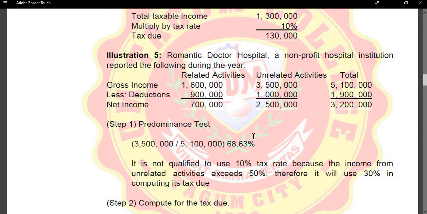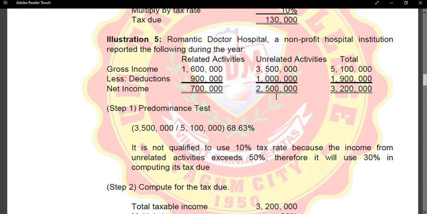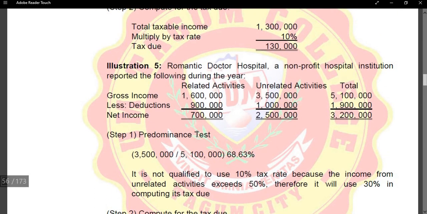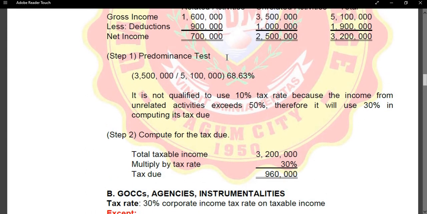Therefore, it does not qualify for the 10% reduced income tax. And therefore, it will be taxed at the 30% regular corporate income tax. So to compute the tax due of Romantic Doctor Hospital, that's taxable income of 3,200,000 times the 30%, because again, it did not qualify: the ratio of its unrelated activities to the gross income is 68.63%, which is higher than the 50% threshold.